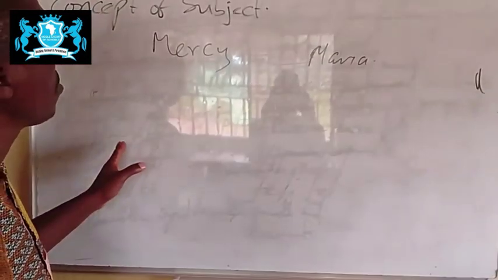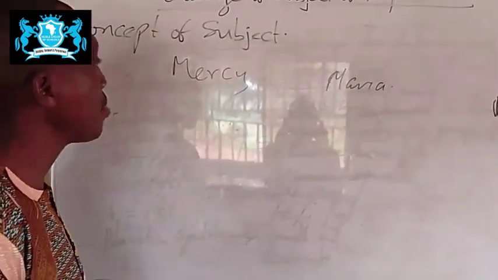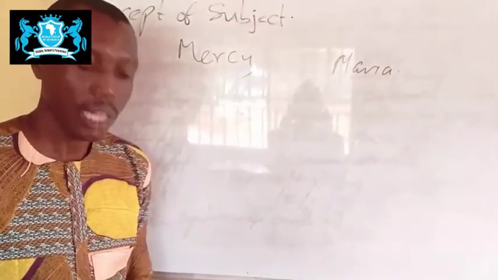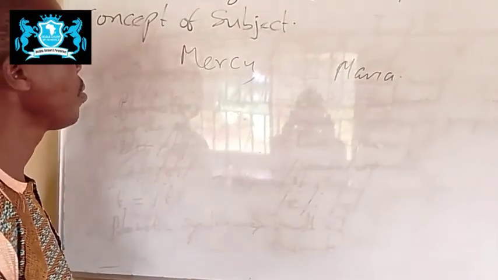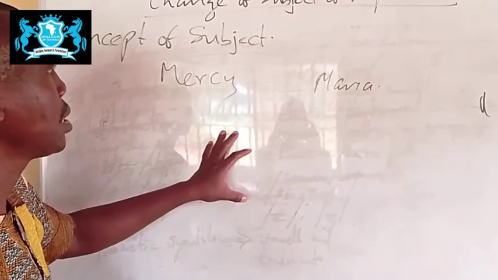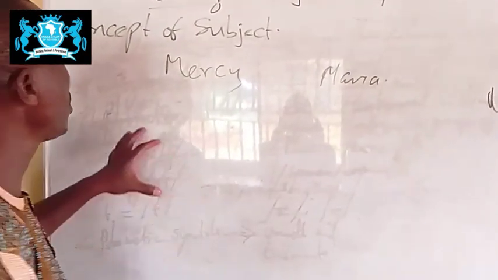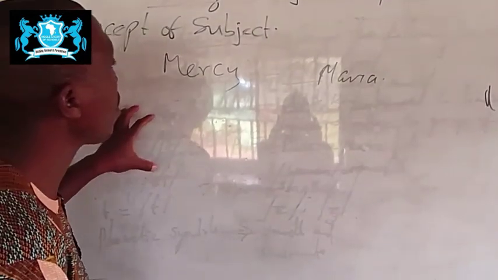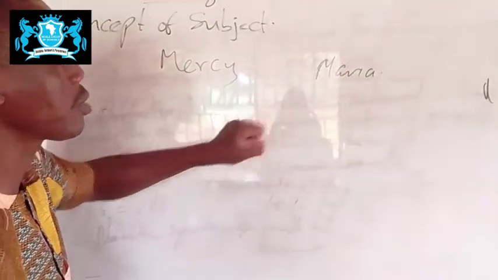Bringing it back to mathematics, a subject in a mathematical expression is that particular variable which other variables in the mathematical expression define, which depends on the combined value of other variables in the mathematical expression.